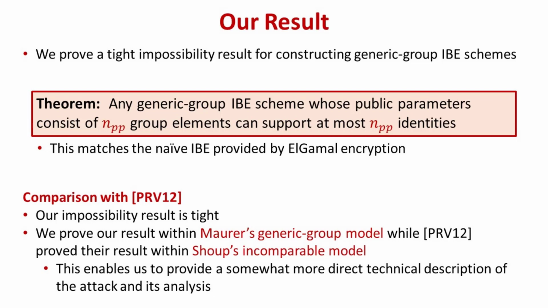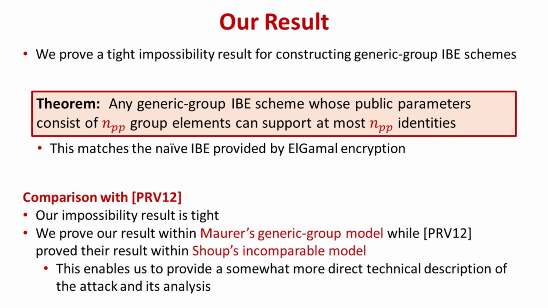On the other hand, however, our result does not only provide a tight threshold, but in fact provides a somewhat more direct technical description of our attack and of its analysis. Such a description is enabled partially due to the fact that we prove our result within Maurer's generic group model, whereas Papakonstantinou et al. proved their result within Shoup's incomparable generic group model.